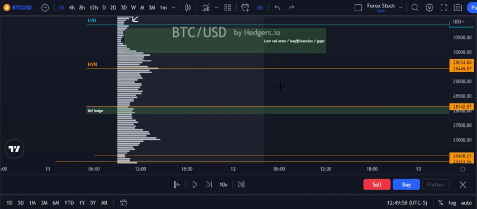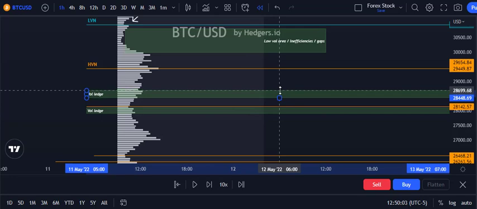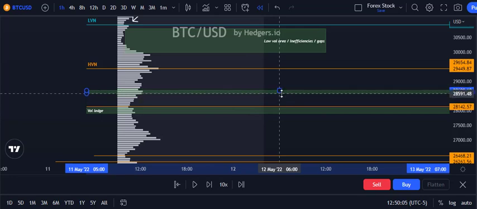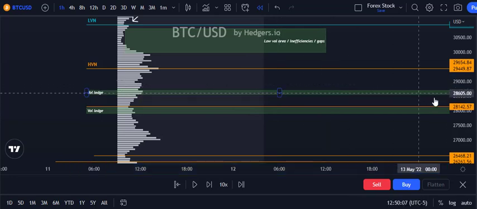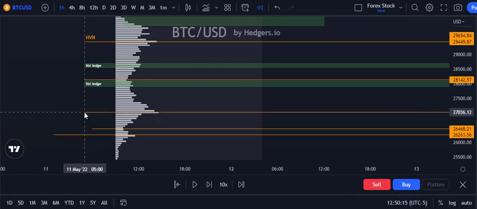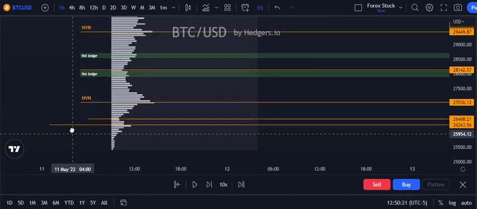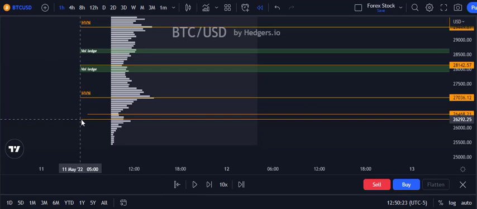So you need to mark it on your charts, and we will see later which will be respected most of the time. Here is your high volume node, and here is your final last high volume node.